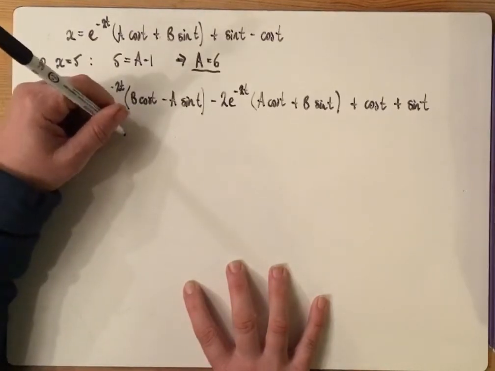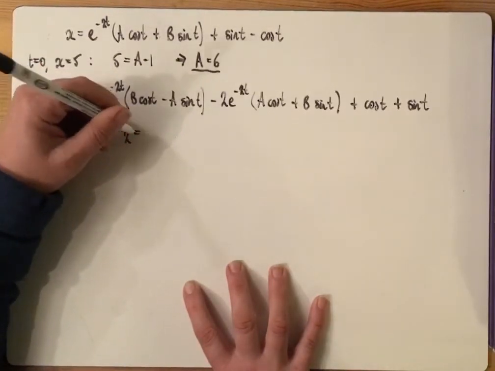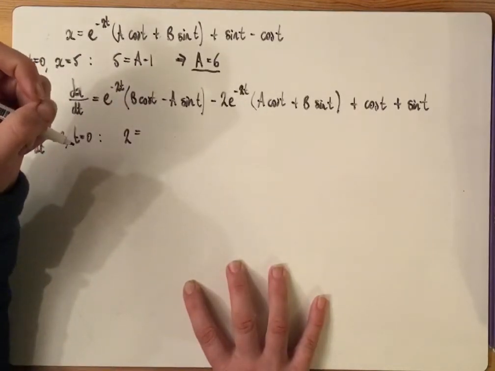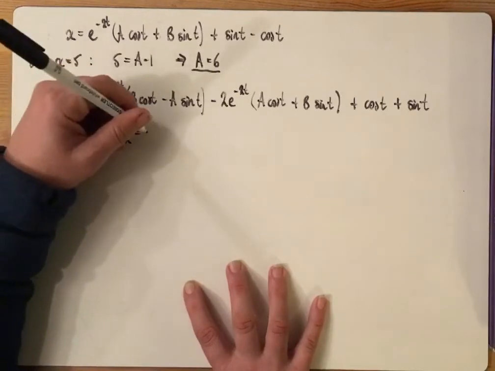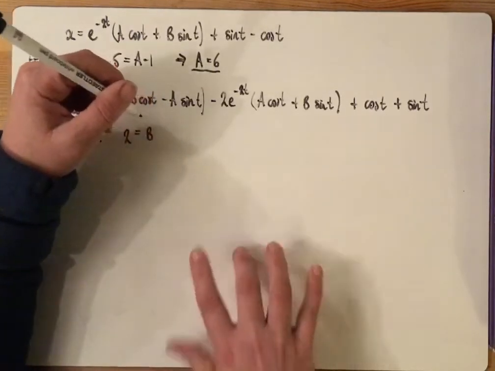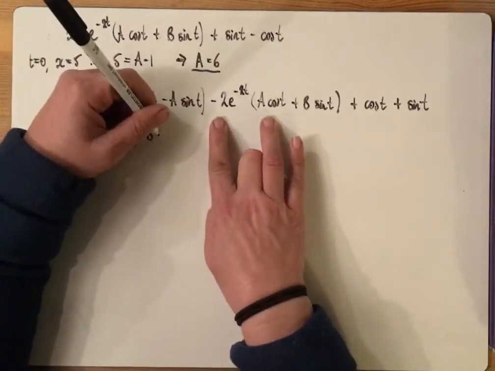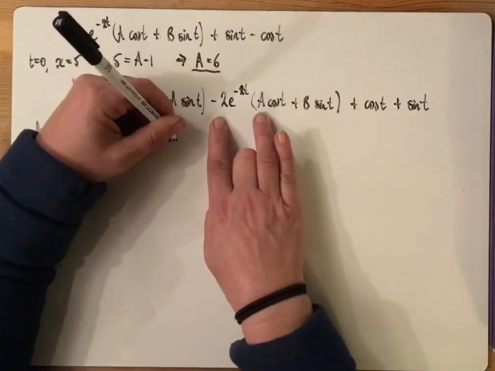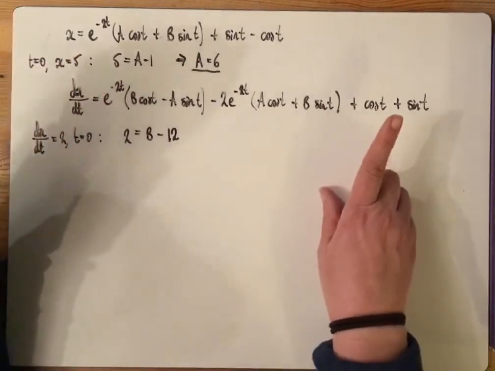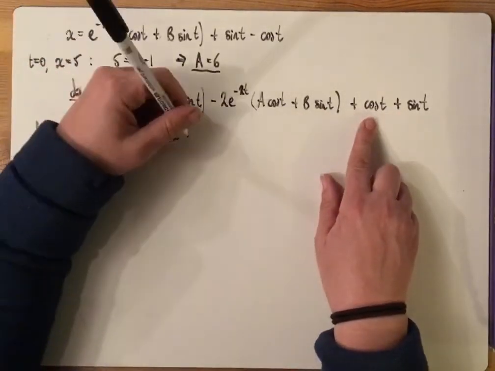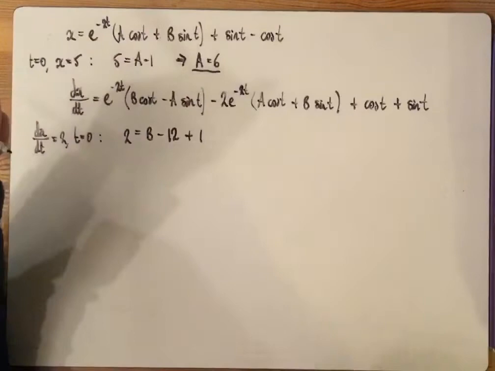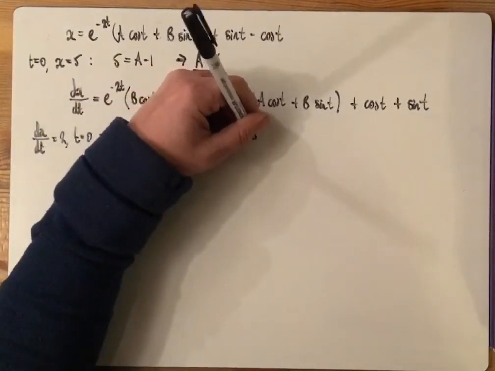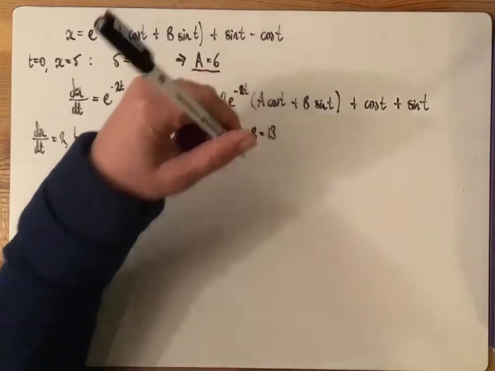And so 2 is equal to b minus 12 from here, because a is equal to 6. And then plus 1 from here. So all the sines are going to 0, all the cosines are going to 1. And from there, b is equal to 13.